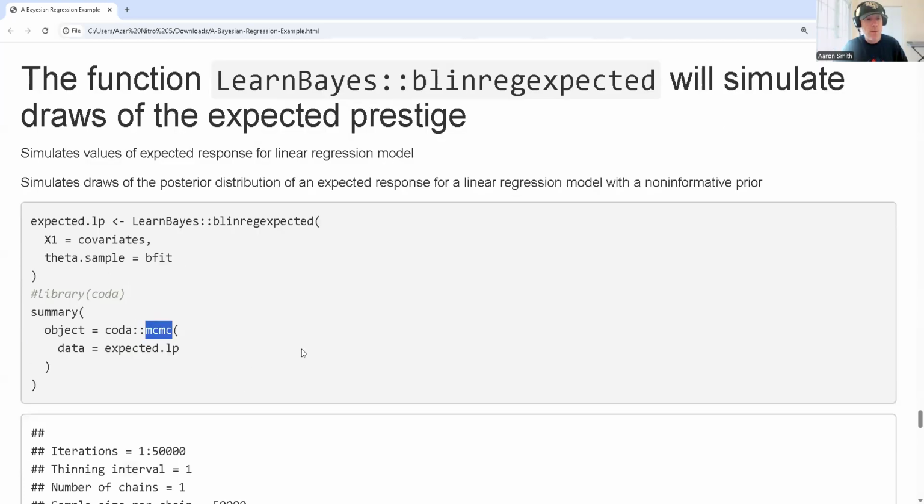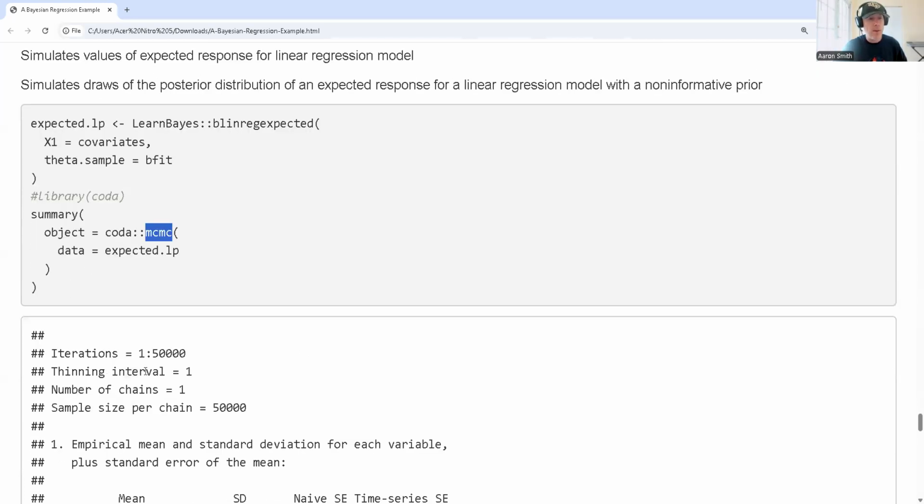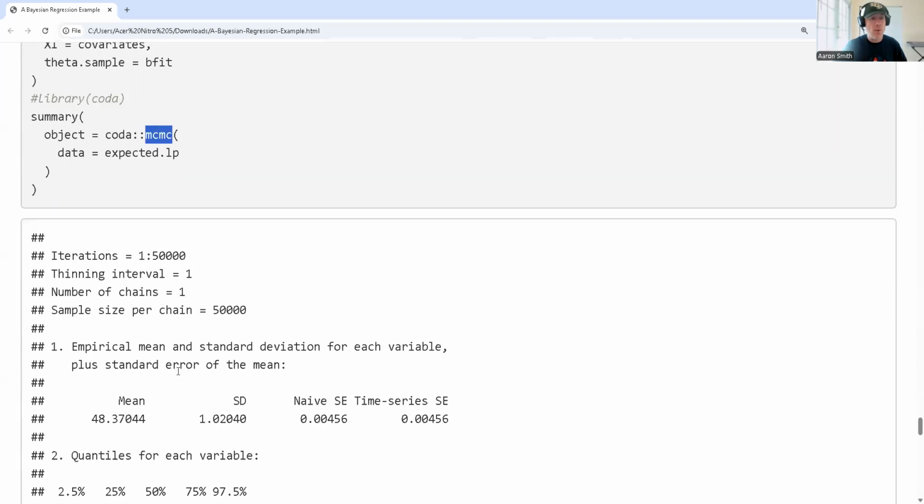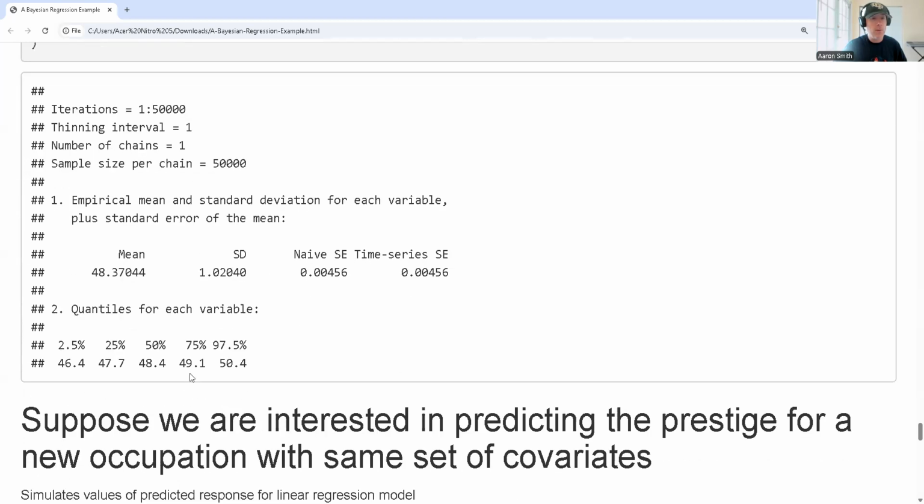Notice there's a thinning interval, number of chains, sample size, all this stuff going on. Ultimately I get the mean, the standard deviation of that, and the quantiles of it. So we can get an idea. That's pretty tight.